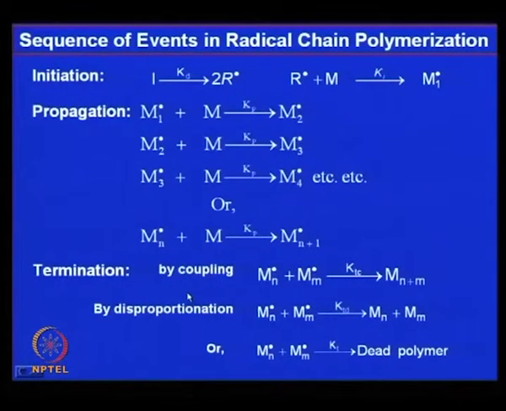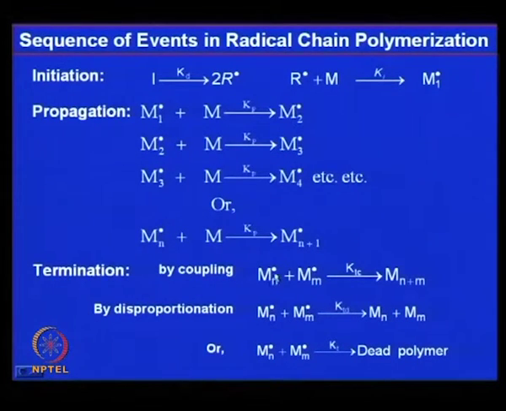Now, that termination occurs in two ways. In the system there are many growing chain radicals. This is one growing chain radical represented by Mn dot, meaning n monomer molecules are in the chain, where n may be 5000.